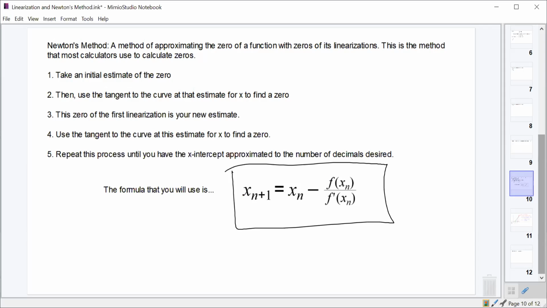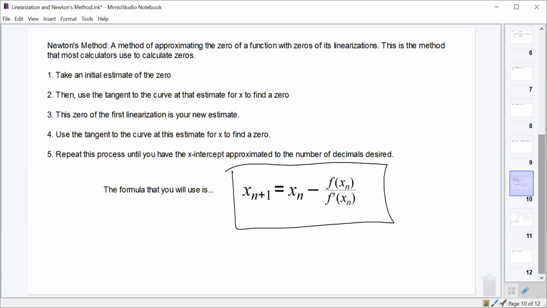Is this kind of related to when you want to find an estimate, when you want to choose a value that fits really nicely into an equation? Is that somehow related to that?